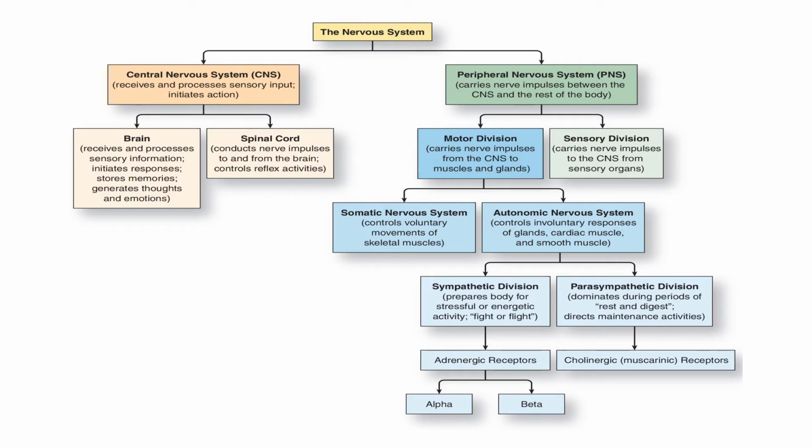So different sensory divisions. Okay, and then the somatic nervous system is basically the voluntary control of your body, versus the autonomic nervous system, which is what we're talking about.